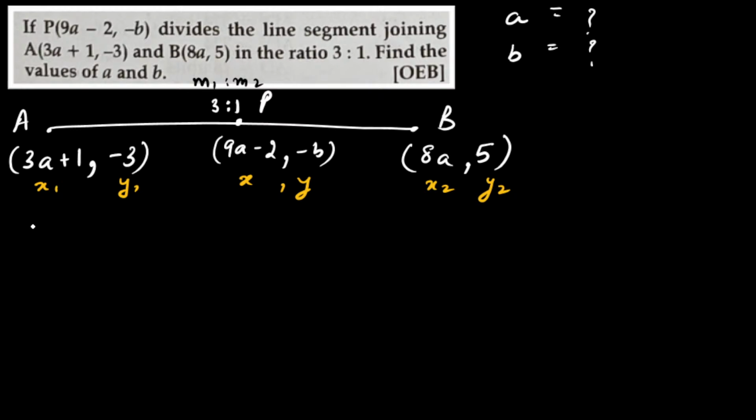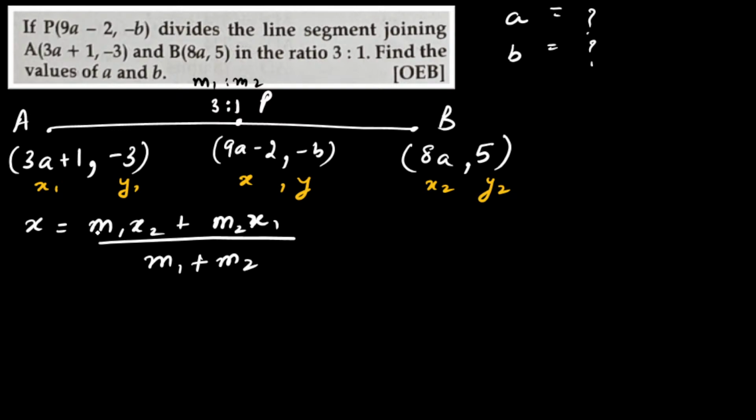Now let's use the x formula: x is equal to m1 x2 plus m2 x1 by m1 plus m2. Every value is given to us, but only in the form of a and b.